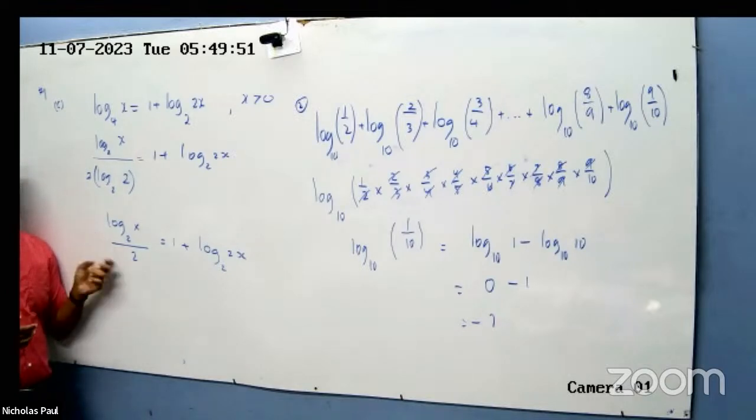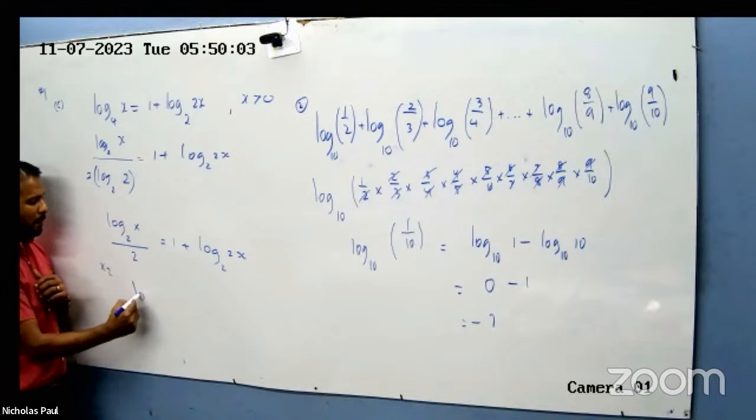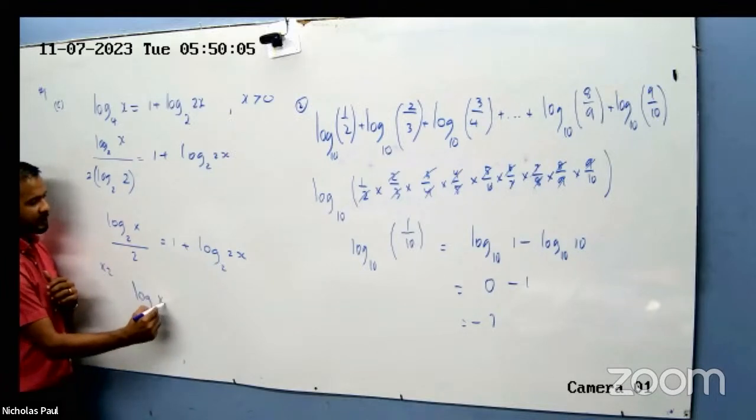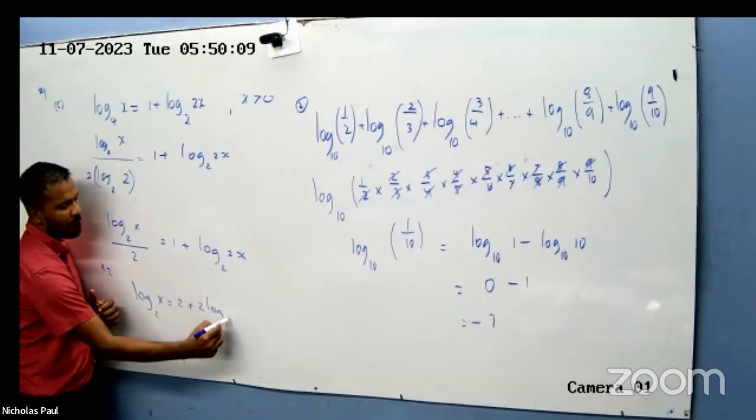Do we like fractions? So how will we get rid of fractions? Multiply everything by 2. We'll get log to the base 2 of x is equal to 2 plus 2 log to the base 2 of 2x.